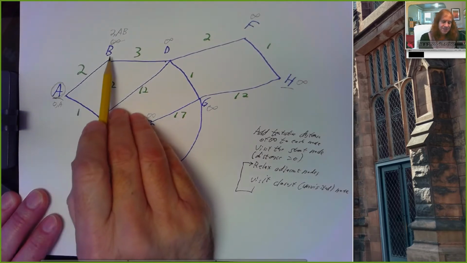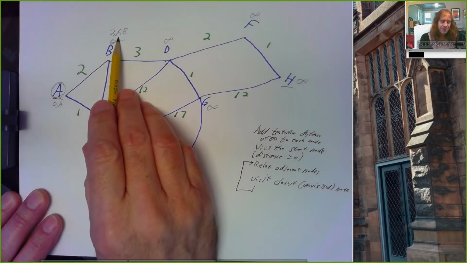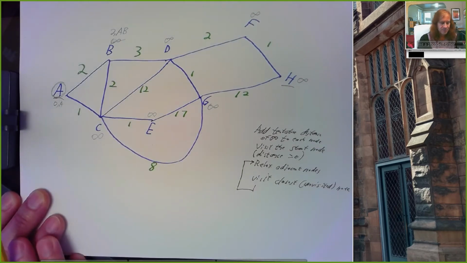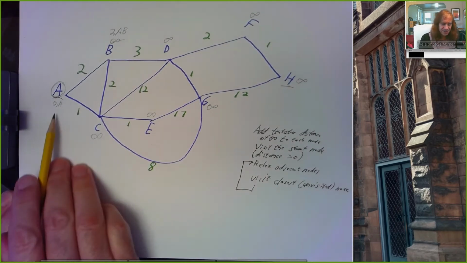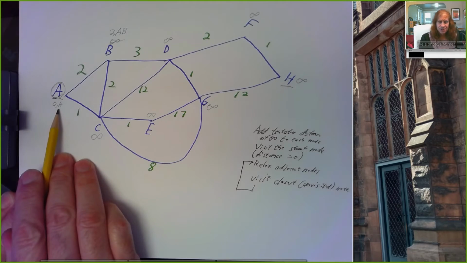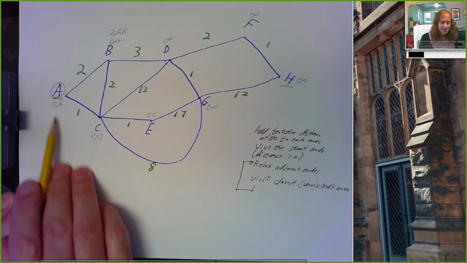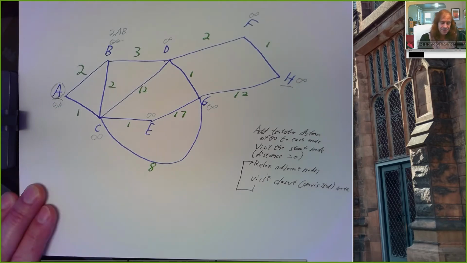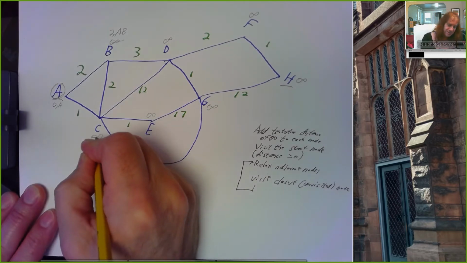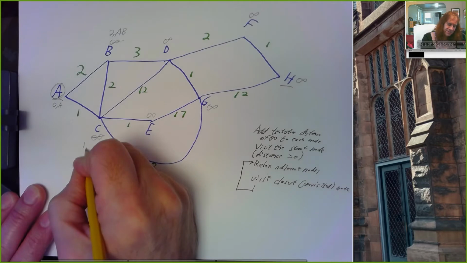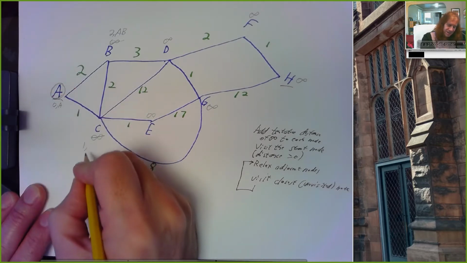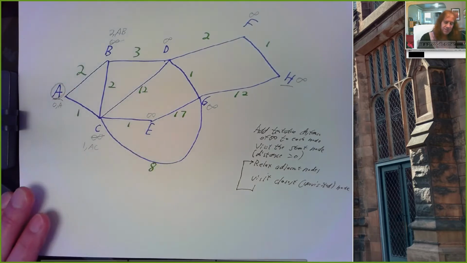I can get to B with a distance of 2 following the path AB. And similarly, I can get to A by going to node A for a distance of 0. If I add 1 for a distance of 1, I can get to node C. 1 is better than infinity, so I'll relax this distance and say I can get here in a distance of 1, and my path is A followed by C.